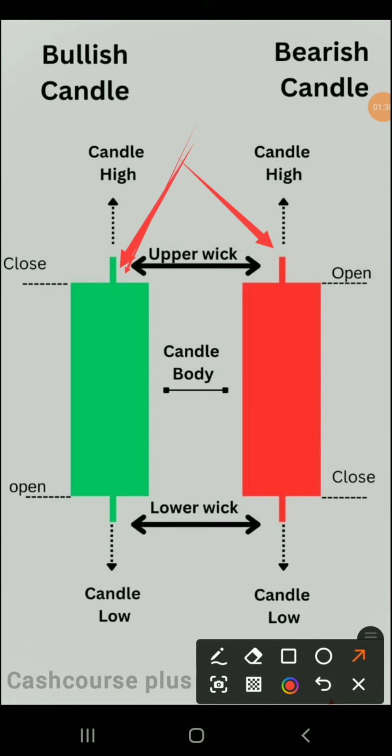A candle can be said to be bullish if it is green. In some charts you see it as white, but in most cases a bullish candle is represented by the color green, and the bearish candle is represented by the color red.